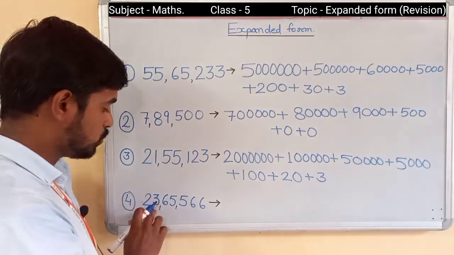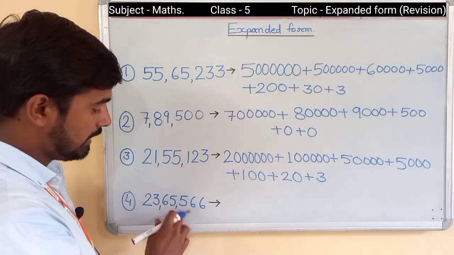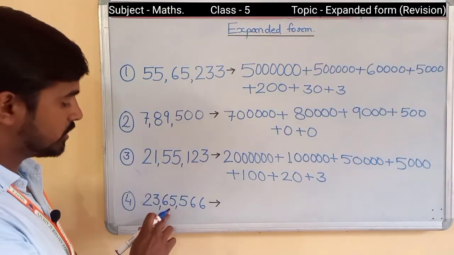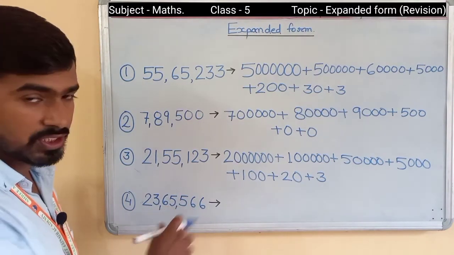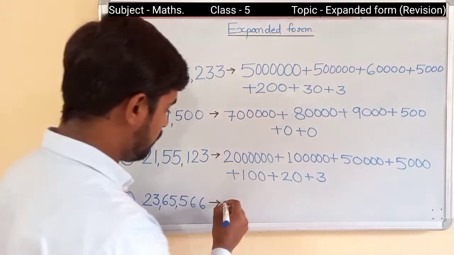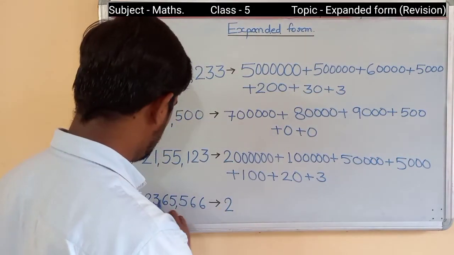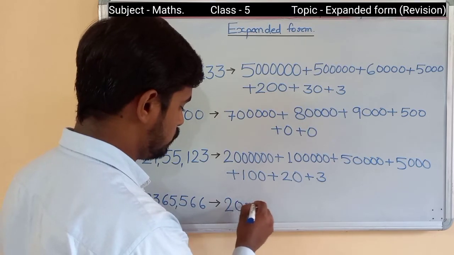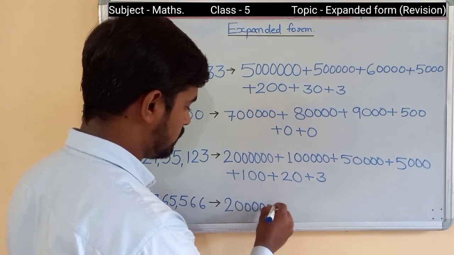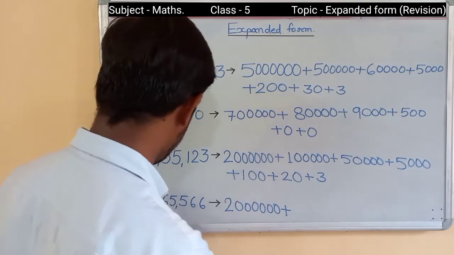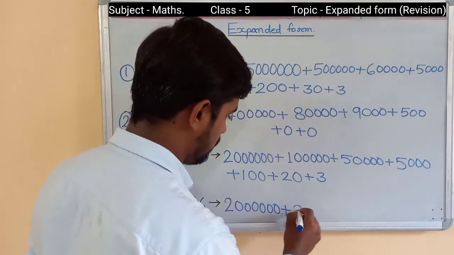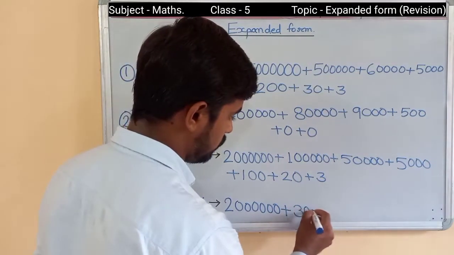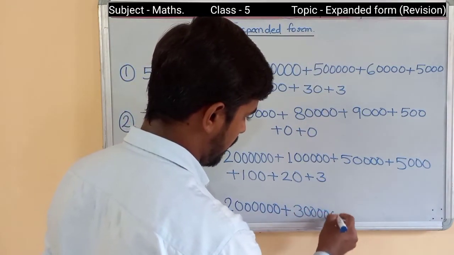Okay. Now this one, ones, tens, 100, 1000, 10,000, lakh, 10 lakh, 23 lakh, 65,566. Okay children, write the place value. 2, 1 2 3 4 5 6. Okay children, now 3. 5 digits, 5 zeros.